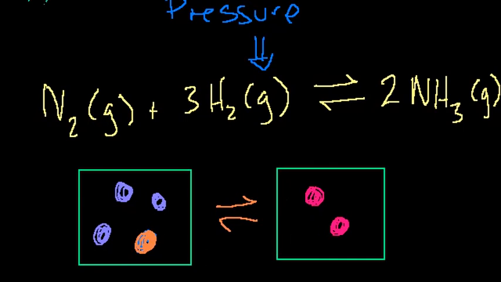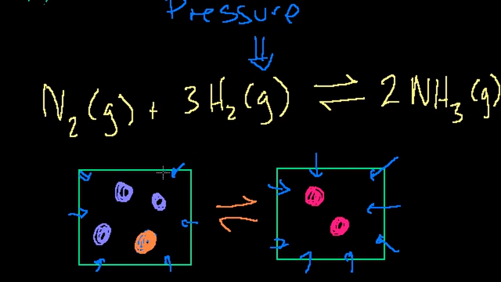Now, if I'm applying pressure to this system, pressure I just imagine is kind of more force per area from every direction. Which of these situations is more likely to relieve the situation? Well, the situation where we have fewer molecules bumping around, because it's easier to squeeze them together than when you have more molecules bumping around.